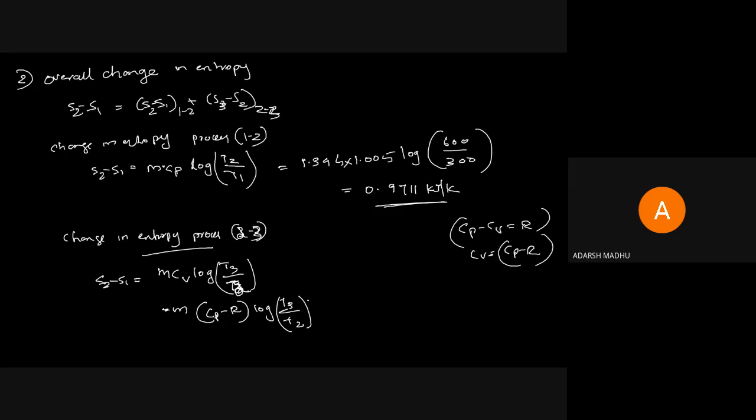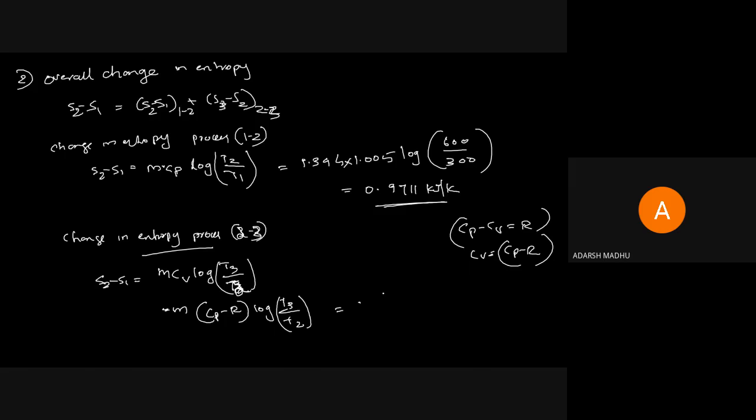T3 means T1 itself, so T3 by T2 is 300 by 600. Cp value is given as 1.005, R value is 0.287, m value is 1.394, and T3 is 300, T2 is 600.